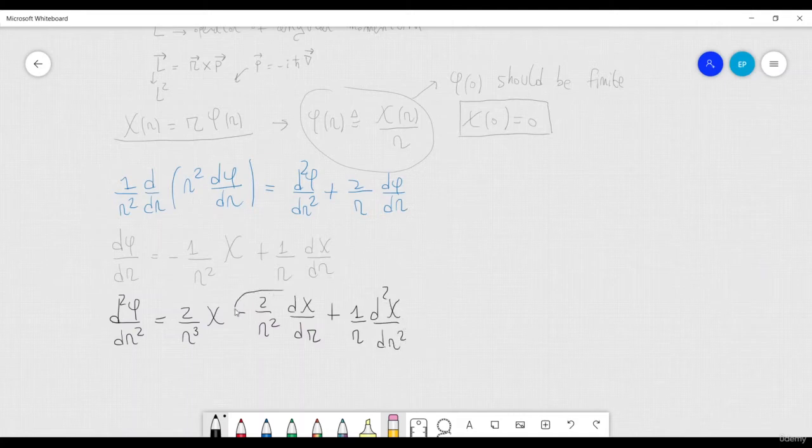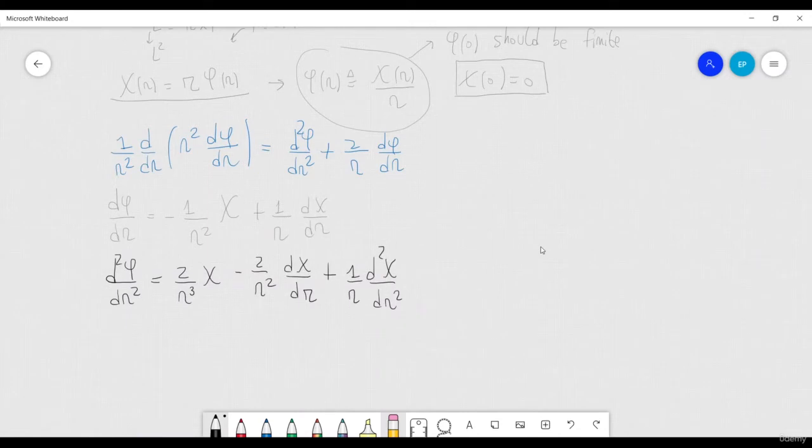Okay, so this term here comes from, first you take the derivative of 1 over r here, and also you take the derivative of chi here, and then you add those two expressions and you will get this. Okay, but it is just a simple exercise. Then we have to use these two expressions there.